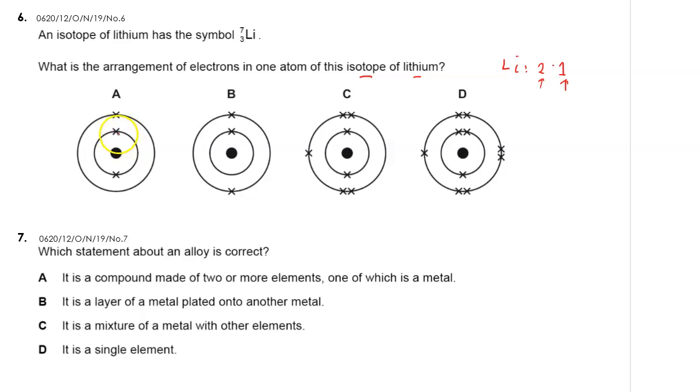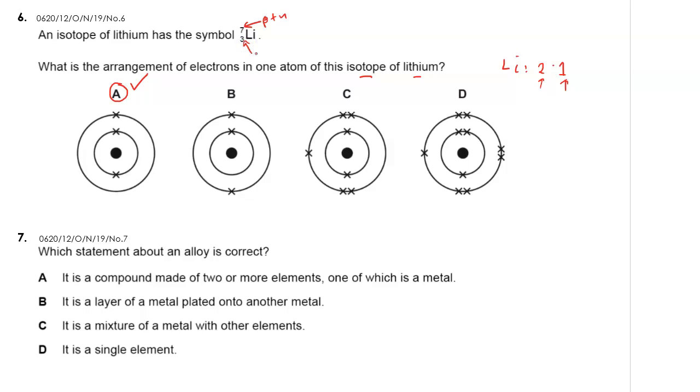When you look at A, it has 2 electrons in the innermost energy level and 1 electron, so I'll straight away circle A. B has 1 electron in the innermost energy level. The innermost energy level is supposed to be occupied by 2 electrons, so this is not right. This is indicating lithium has 7 electrons, which is not correct. This 7 here is protons plus neutrons.